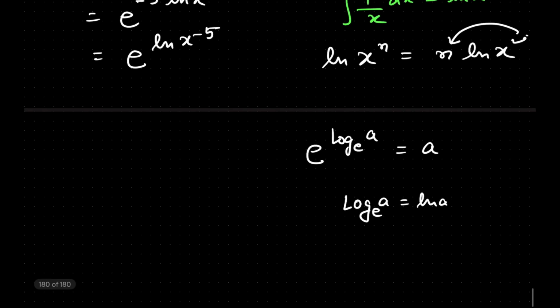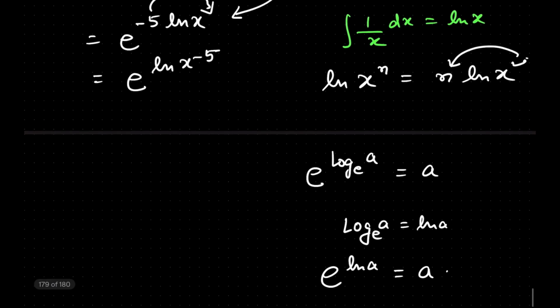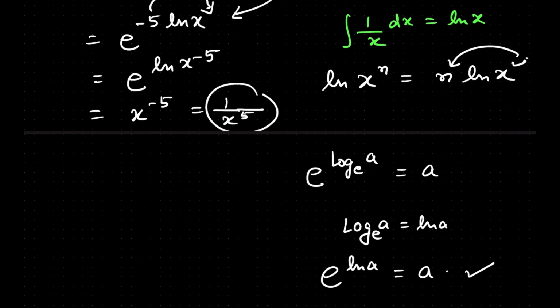So e to the power of ln a, you can write as a. This is a simple log property that you should know. Don't think too much; use the log property, or if you are not familiar with it, you should revise your logarithmic chapter. So here you can write x to the power of -5. Finally, your integrating factor is 1 by x to the power of 5.